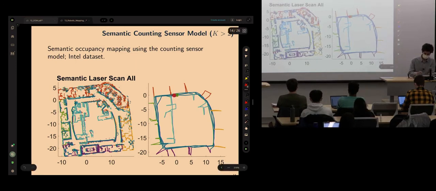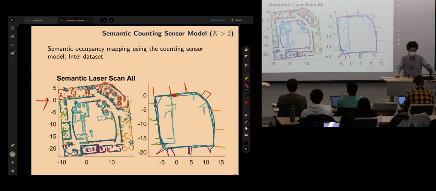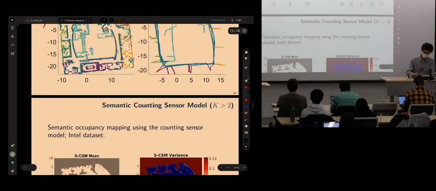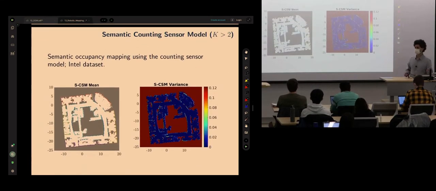On the left side, in this figure, you see all the 2D point clouds with their categories. So we turned an occupancy data set into a semantic data set. It has categorization. This is a good toy problem to test our semantic counting model. Now, if we use more than 2 categories, what we will see is that the free space is, of course, its own category.